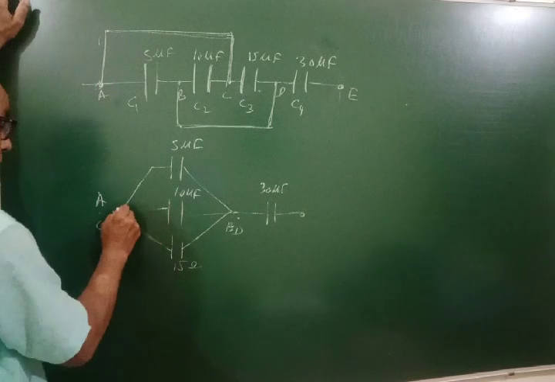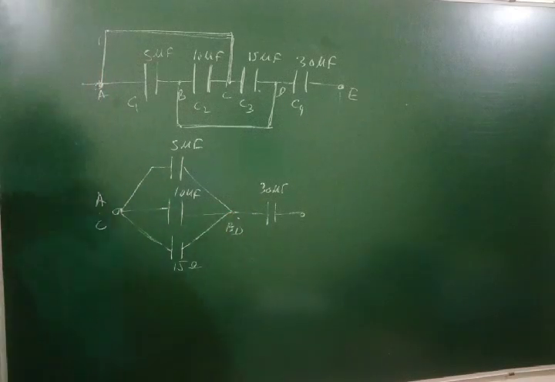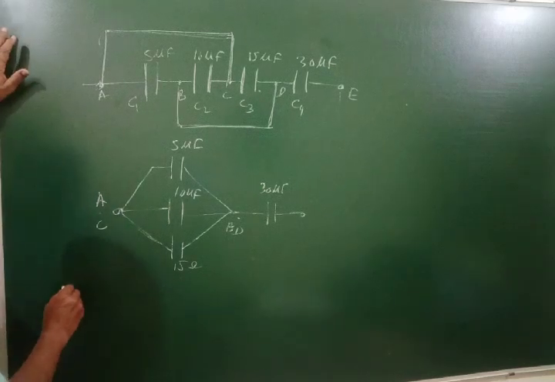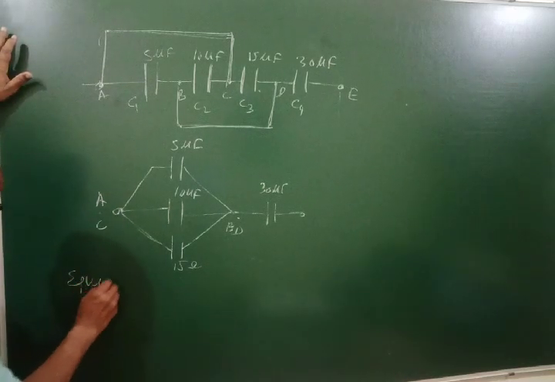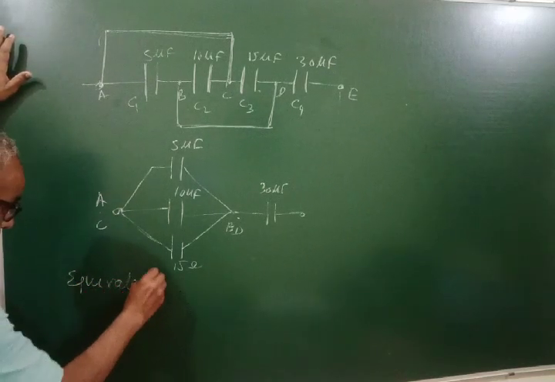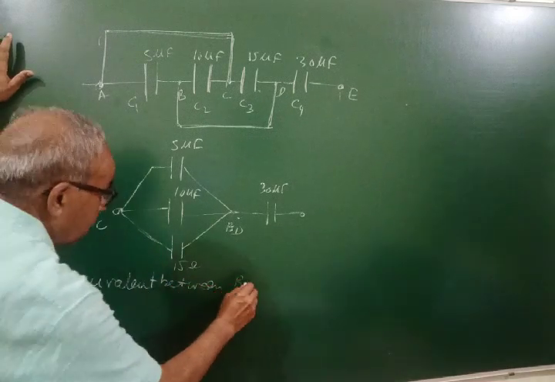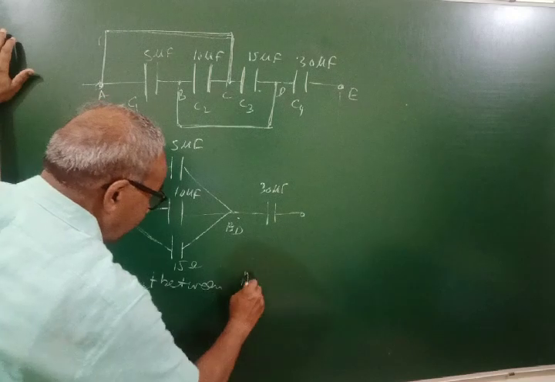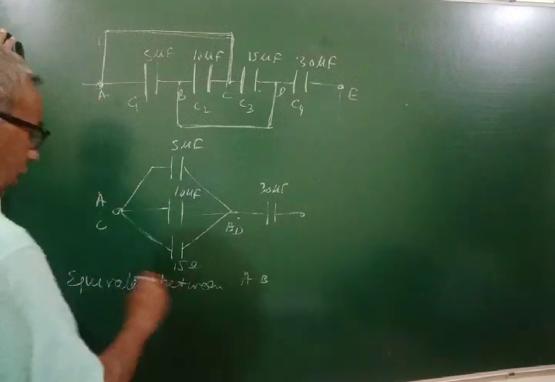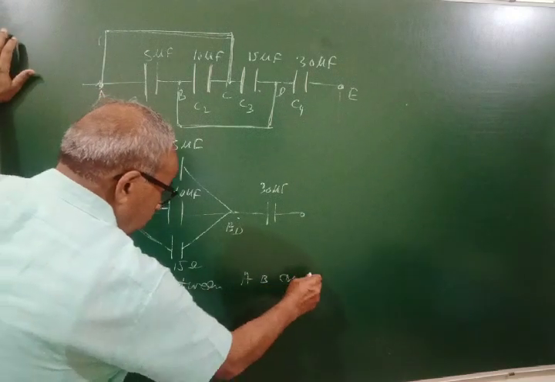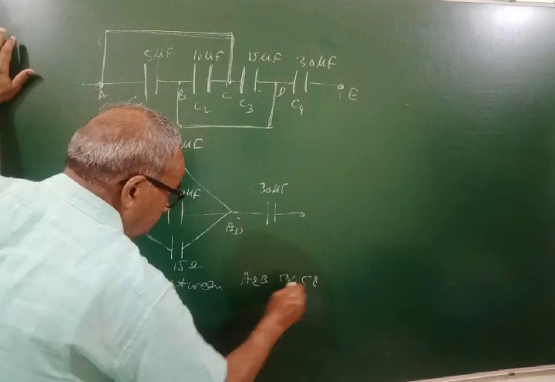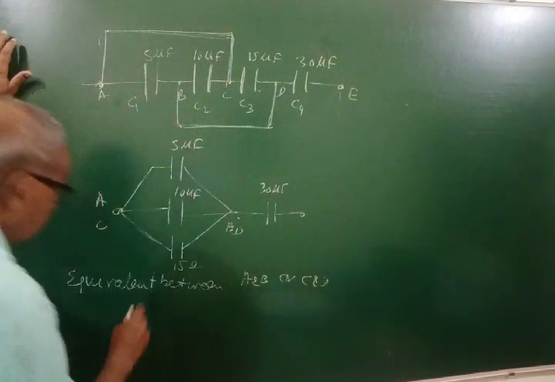So what is the equivalent between points B and D? All three capacitors are connected in parallel. So the equivalent between A and B, or C or D, is as they are in parallel.